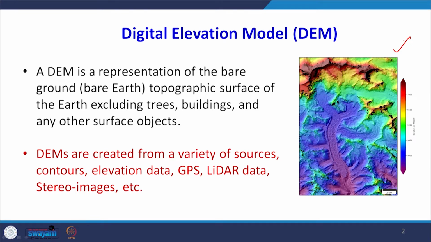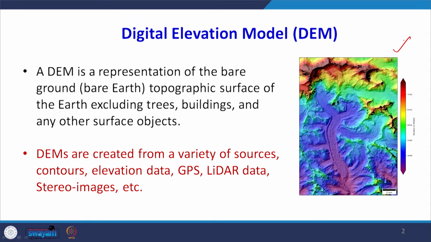So we know the x, y and z of each and every point. These digital elevation models are representing the topography of the surface without the trees, without the buildings, without the high-rise structures which are present on the surface of the earth. So it's the bare surface of the earth, the topography of the earth, that it is showing.